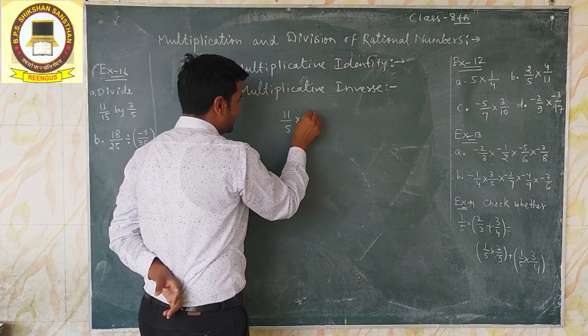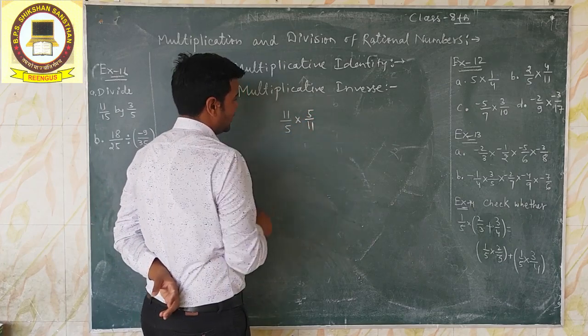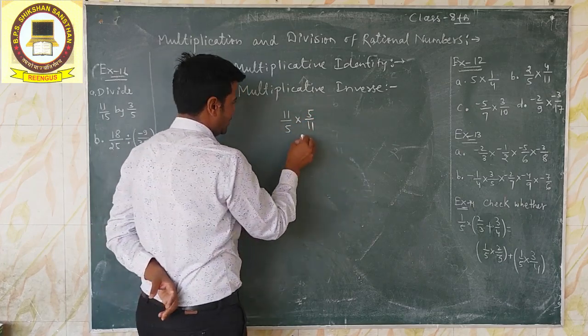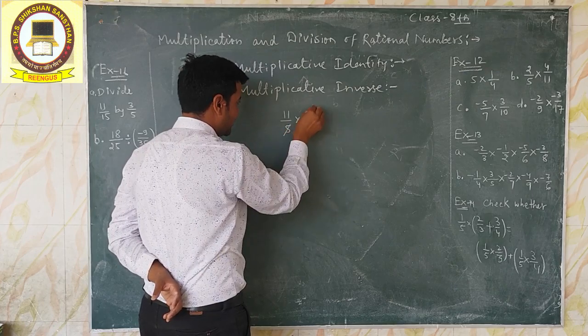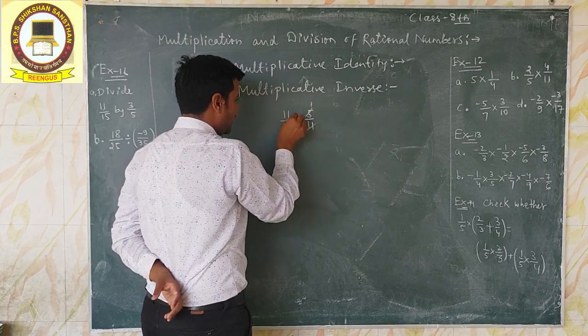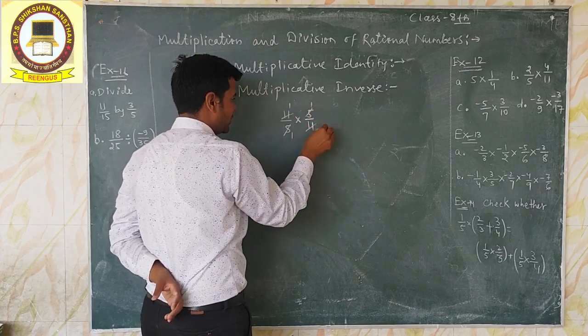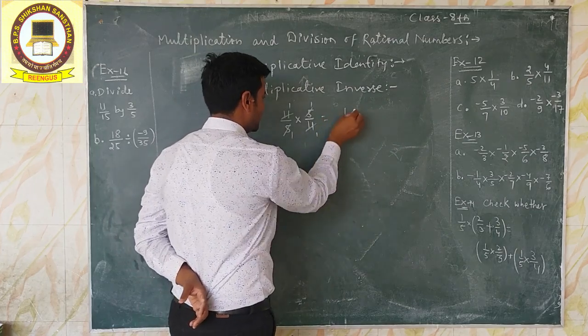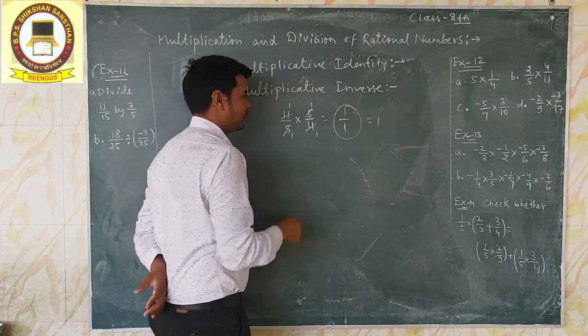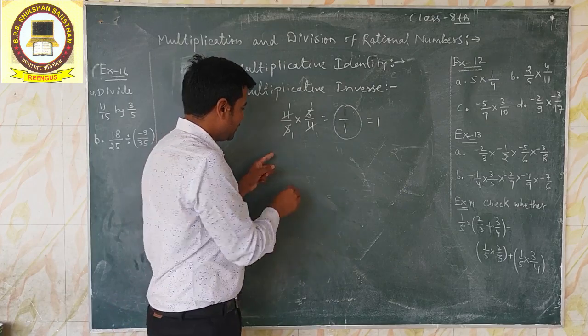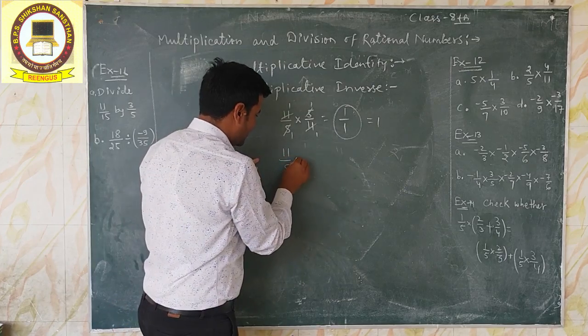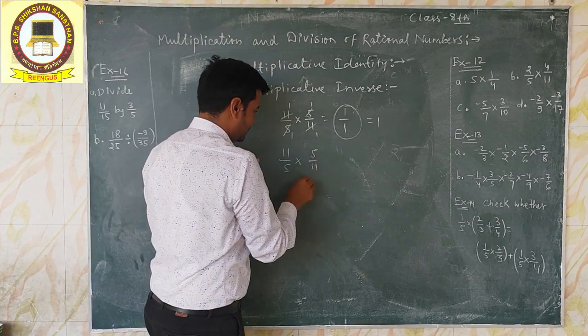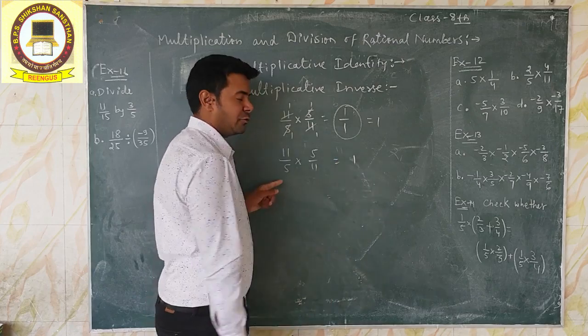If we multiply it by 5 by 11, then what do we get? 5 divided by 5 is 1, 11 divided by 11 is 1. So 1 upon 1, what is our answer? 1. So if we multiply 11 by 5 into 5 by 11, then we get the answer 1.